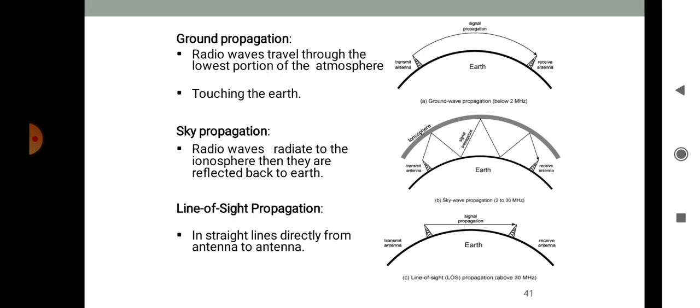This region is from about 50 to 250 miles above the earth, and ground waves travel between two limits, the earth and the ionosphere, which acts like a duct. In ground propagation, radio waves travel through the lowest portion of the atmosphere, touching the earth.